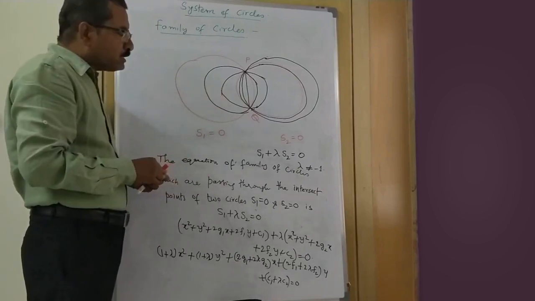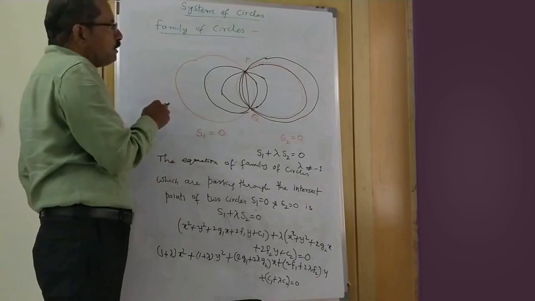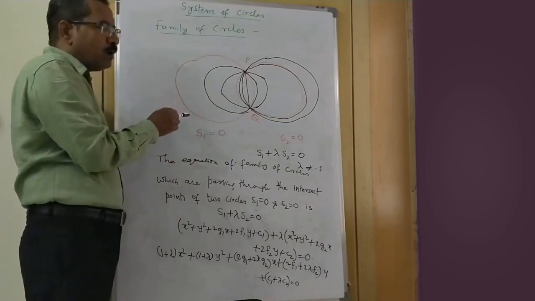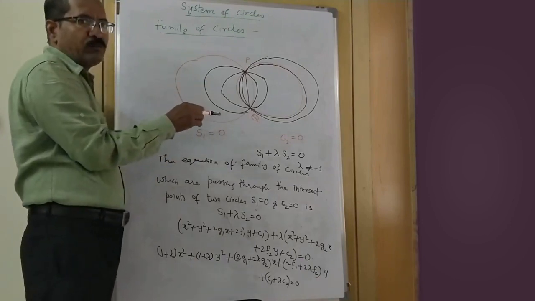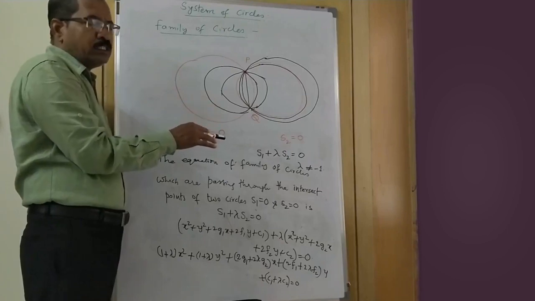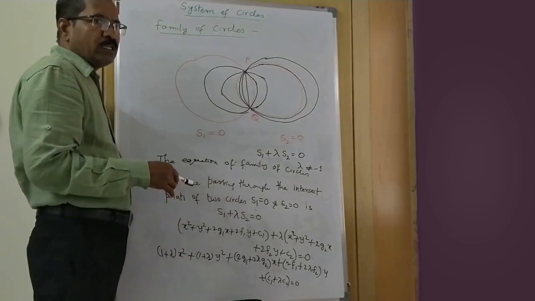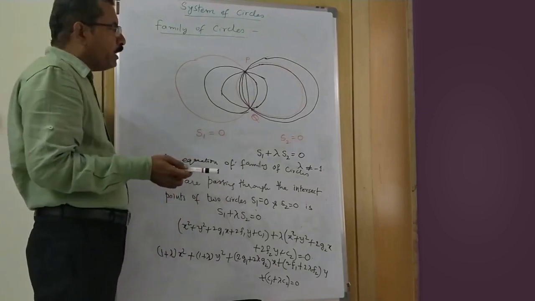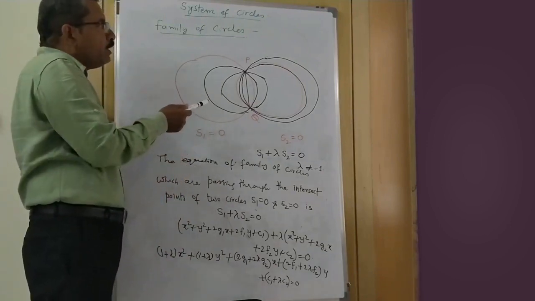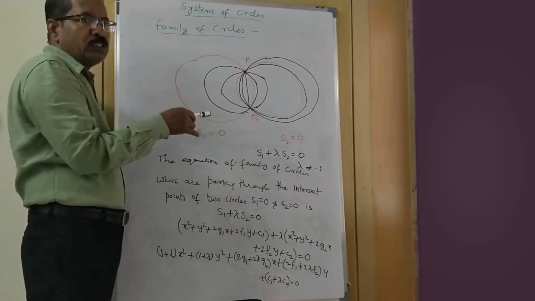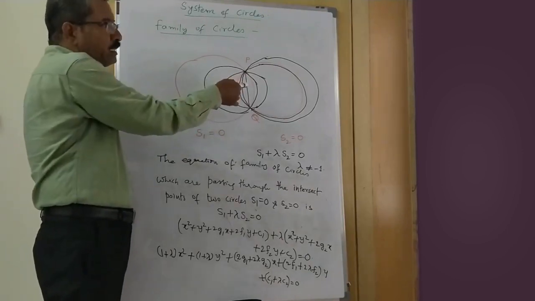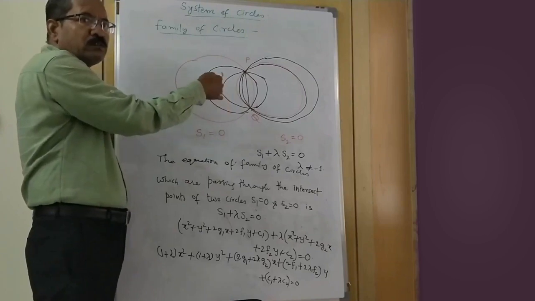If the question asks to find the equation of a circle passing through the points of intersection of two circles, then you have to use this formula. They also give any other point it is passing through, because that specifies which circle we want.